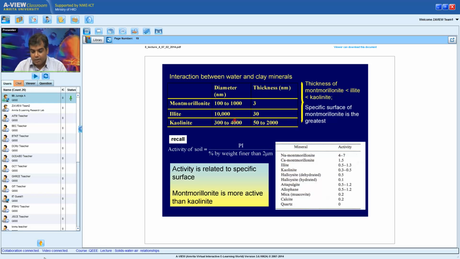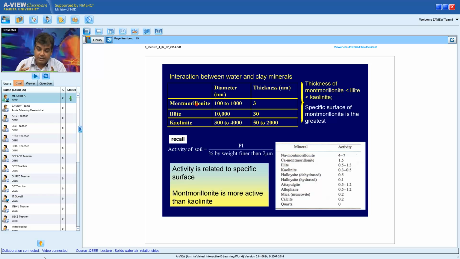In other words, if I would like to find out the specific surface of this, I have specific surface of montmorillonite, which is the smallest particle, considering diameter and thickness, to the kaolinite, which is the largest particle. In other words, montmorillonite will have a greater affinity for water compared to kaolinite.